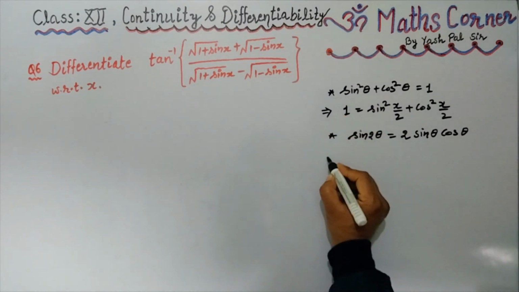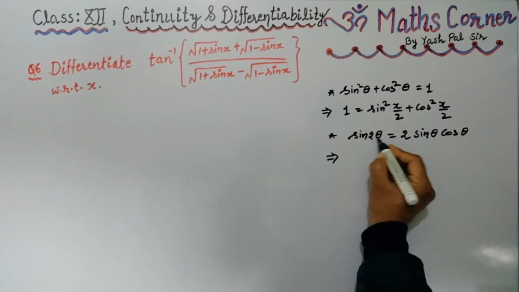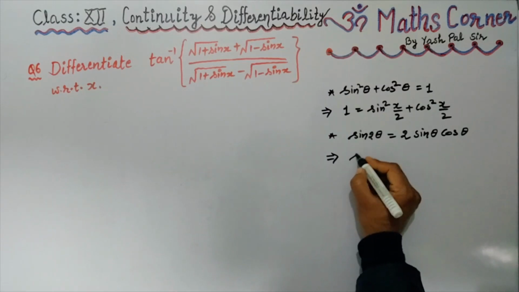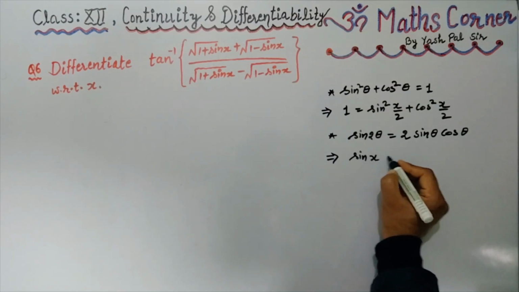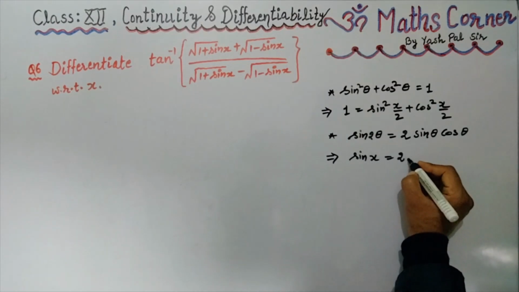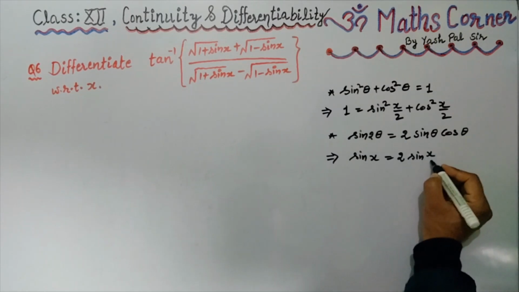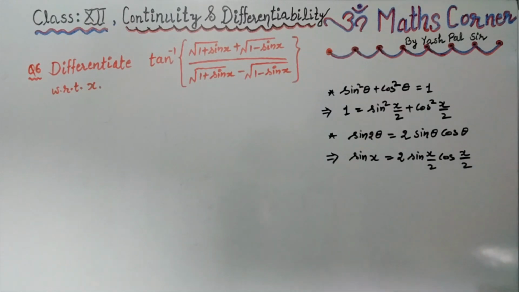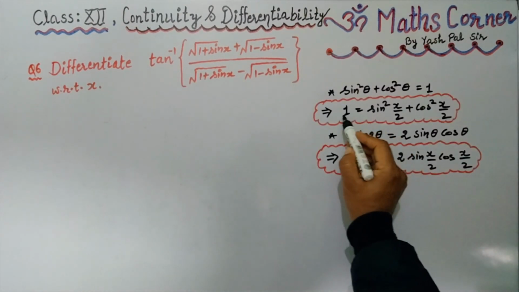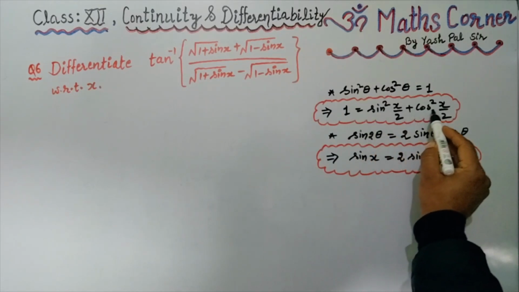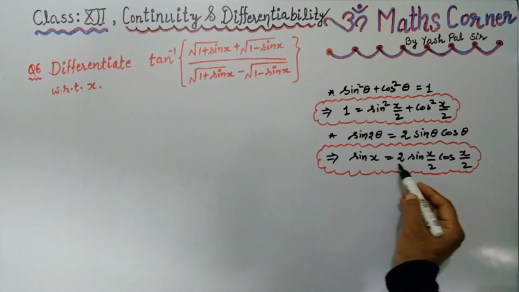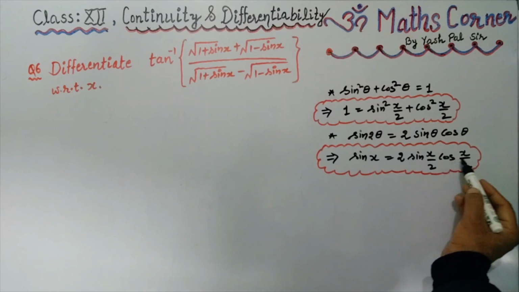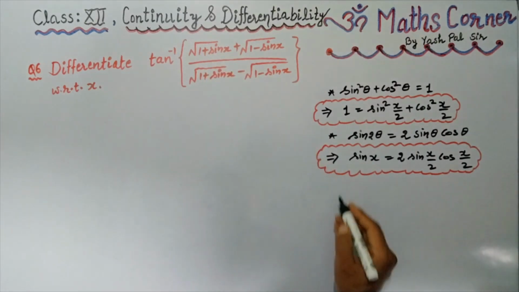So in place of 2 theta we put x, and sine x becomes 2 sine x by 2 into cos x by 2. By writing this way, taking 1 equal to sine square x by 2 plus cos square x by 2, and sin x equal to 2 sine x by 2 into cos x by 2.